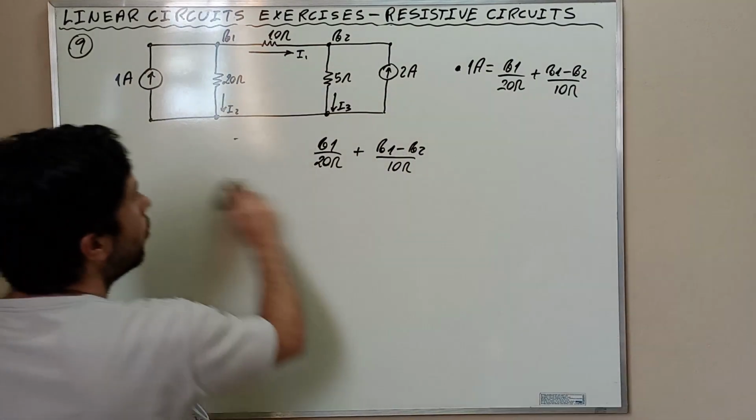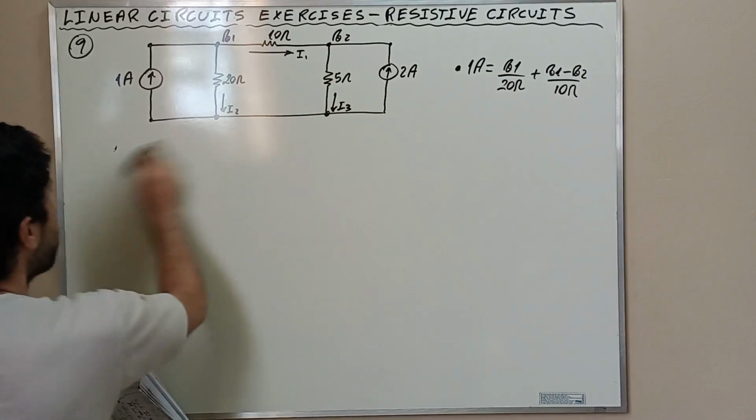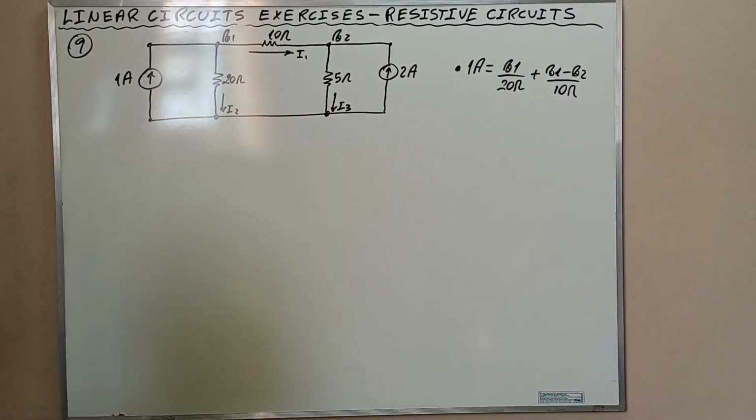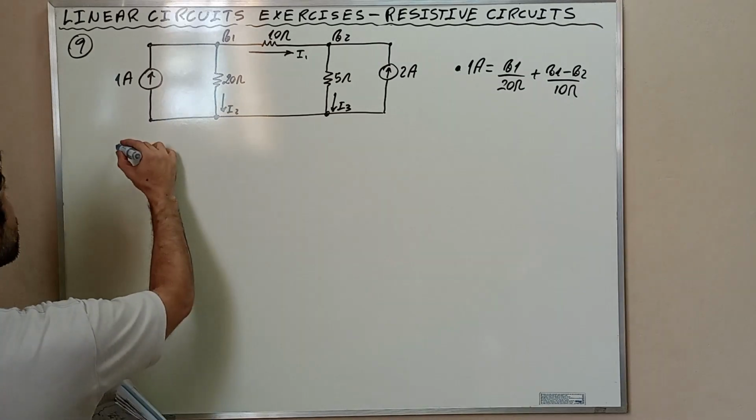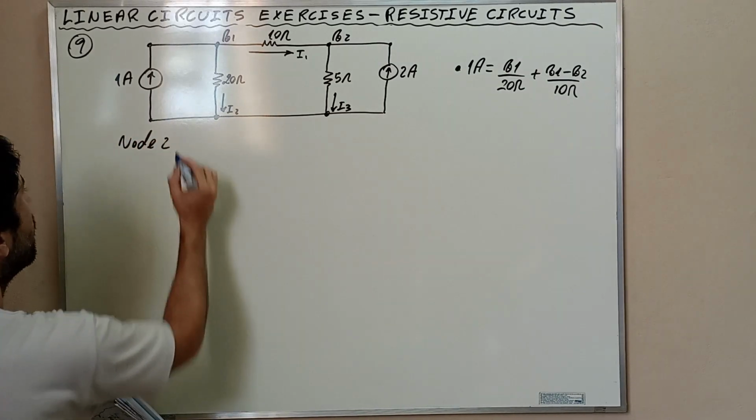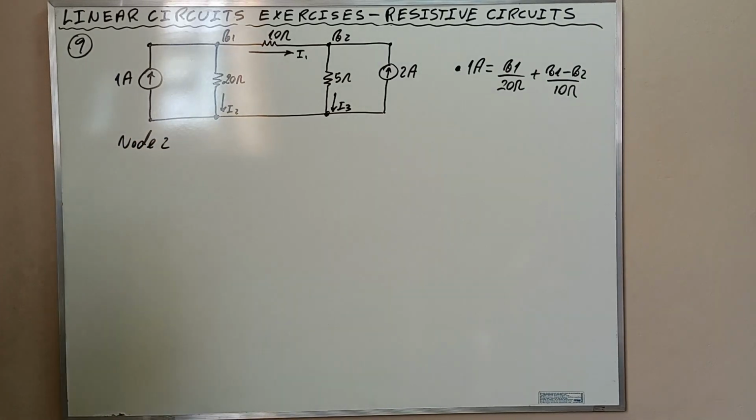Let's work now on node 2. Now node 2. Let's apply the nodal rule and understand the currents that enter the node and the currents that leave the node.